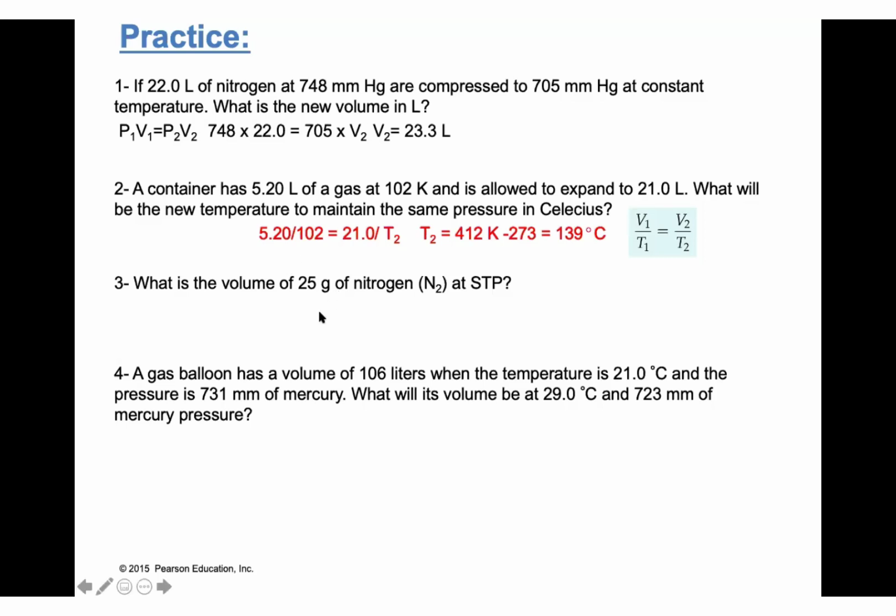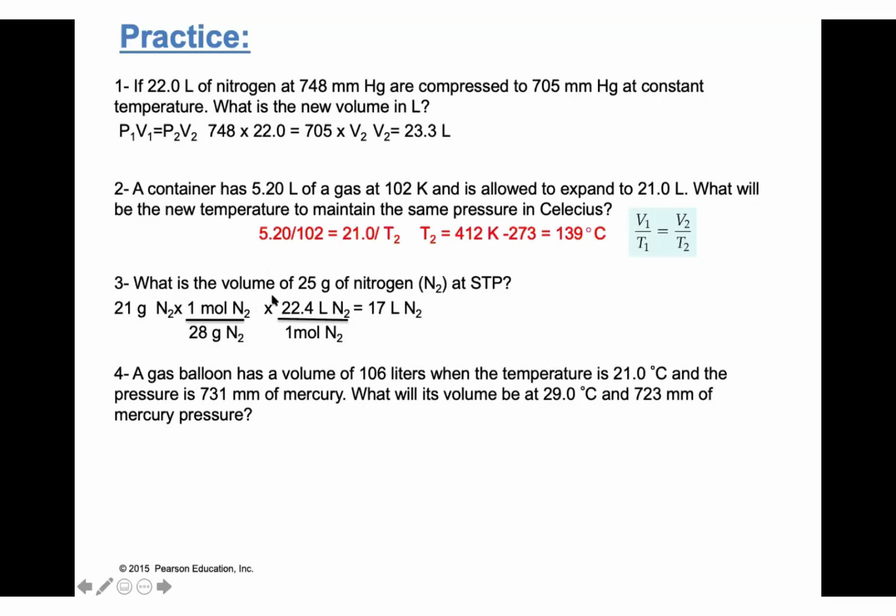What should we do when we have 25 grams of something? We convert to moles first. Then I use 1 mole of N2 equals 22.4 liters to get the volume. You don't always use the 2 rules, it depends.